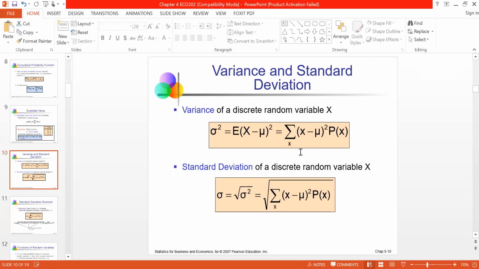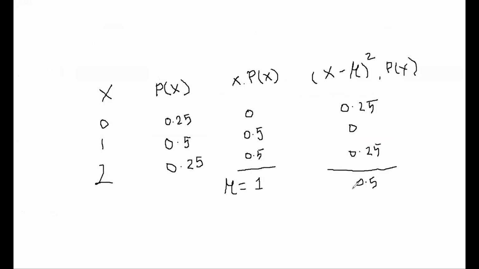So if you add all the values, you will get the variance. Which is why we added the column to get the variance. So our variance, or sigma square, is equal to 0.5.